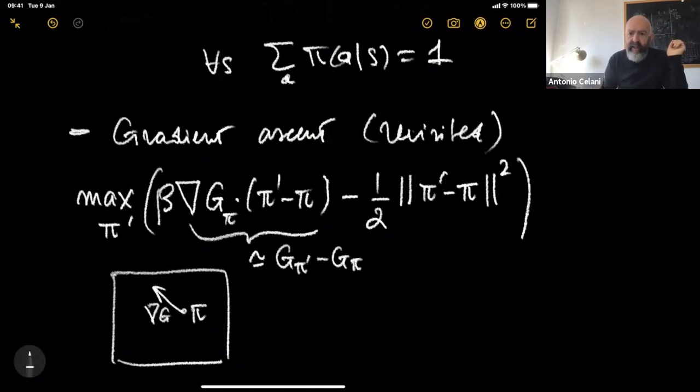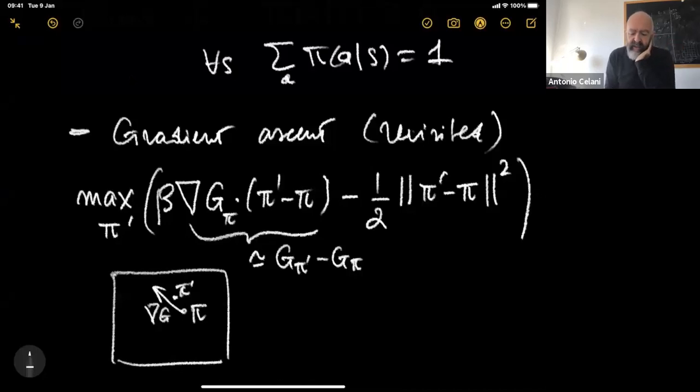It's a local Taylor expansion of the difference between my value in the new point pi prime and in the previous point pi. Are you clear with that? It's just a first order expansion of g of pi prime around pi.